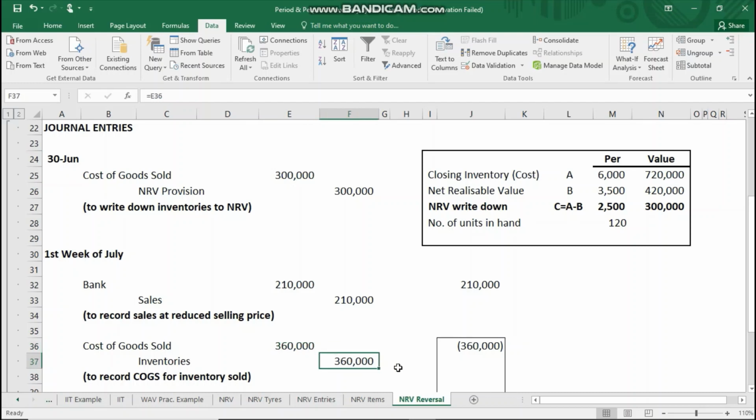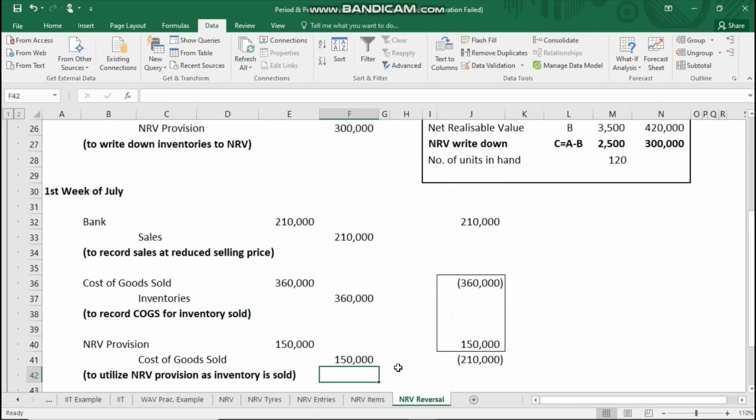But we all know that this inventory has also been written down to the net realizable value. So we need to release the provision of NRV for the inventory which has been sold. 60 units were sold.